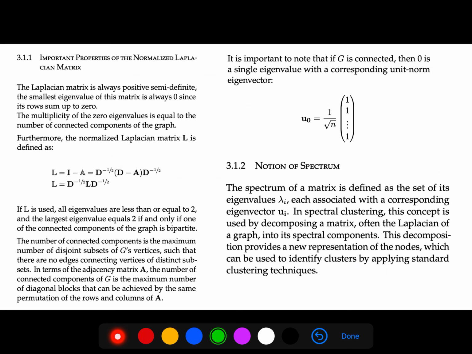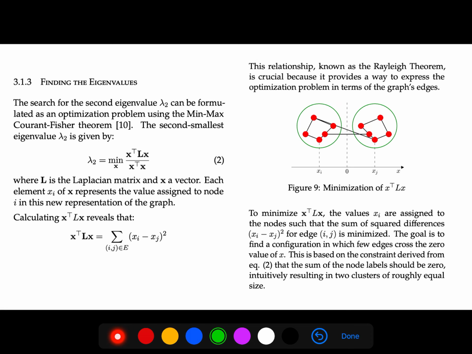So these are important properties of the normalized Laplacian. The second smallest eigenvalue is here. It can be formulated as an optimization using the min-max Courant-Fisher theorem. And L is the Laplacian. Calculating x transpose Lx reveals this.